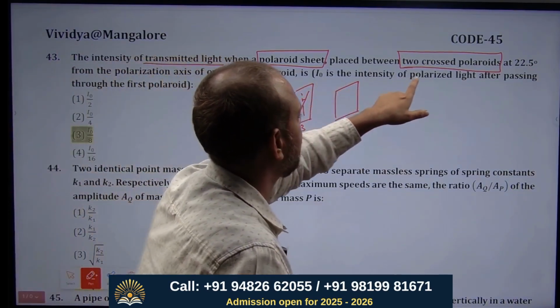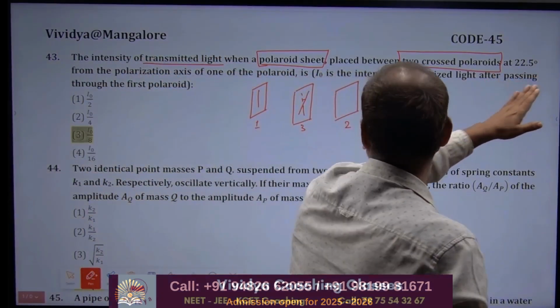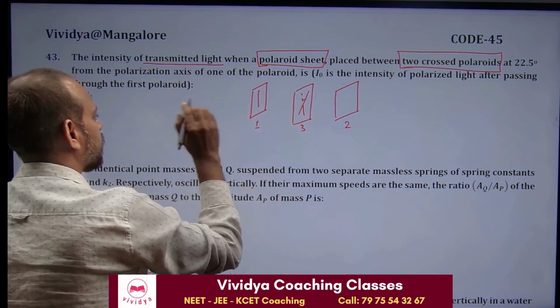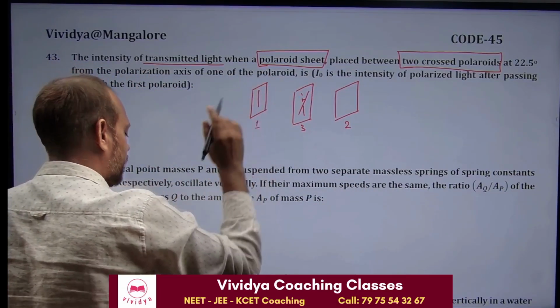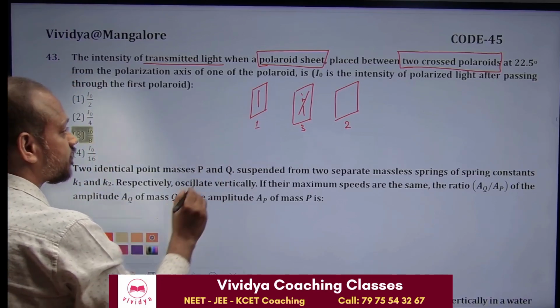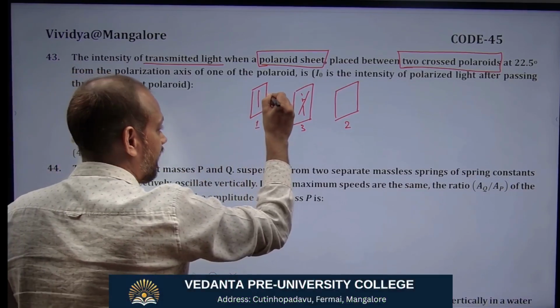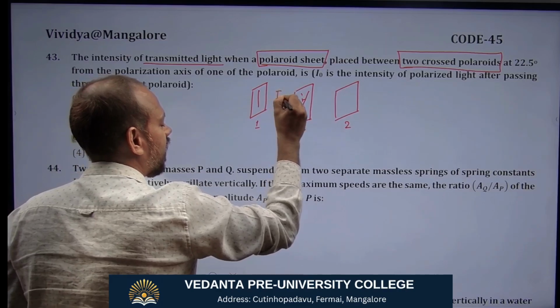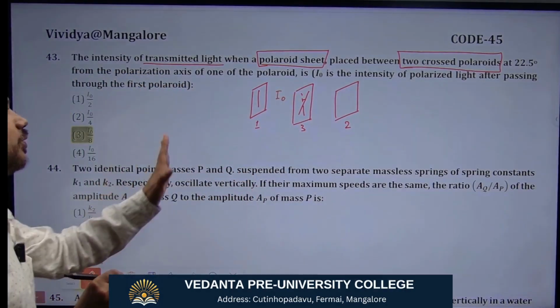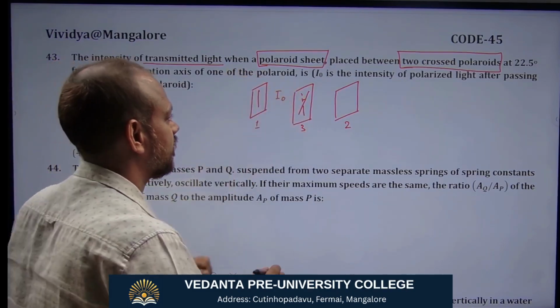Now I naught is the intensity of polarized light after passing through the first Polaroid. So let's say the light has gone out from the first Polaroid, and the intensity of the light here is I naught. That's what is given. Very important to note that. After passing through the first Polaroid, intensity is I naught.